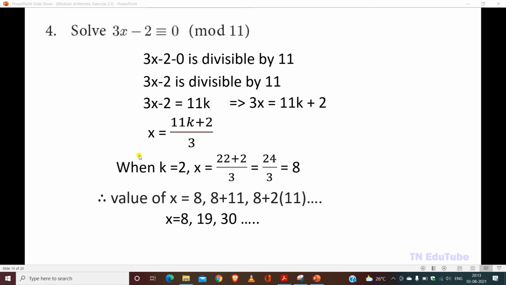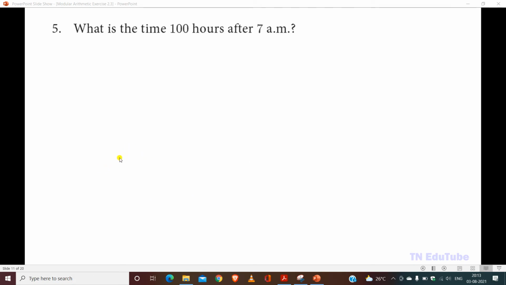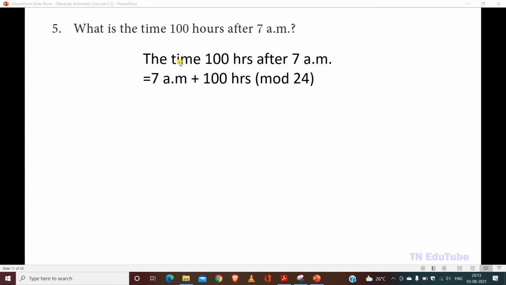Then fifth question, what is the time 100 hours after 7 a.m.? The time 100 hours after 7 a.m. means with 7 a.m. you have to add these 100 hours. 7 a.m. means it is 7 hours only, isn't it?